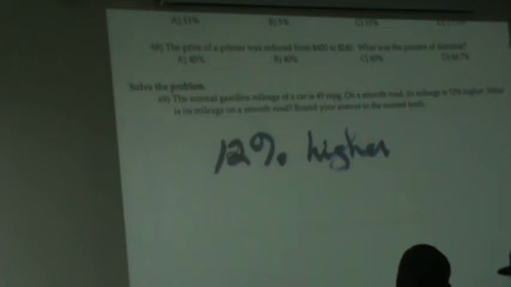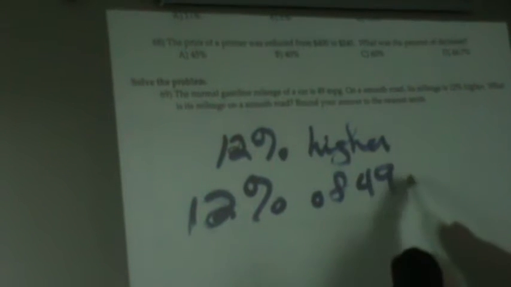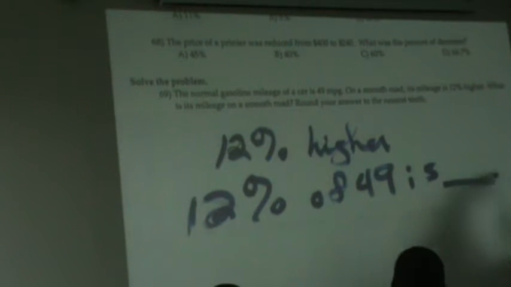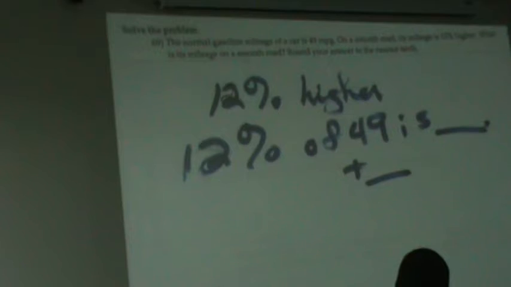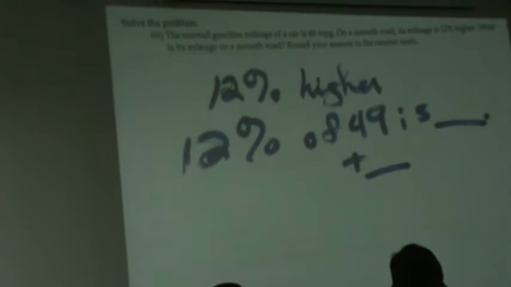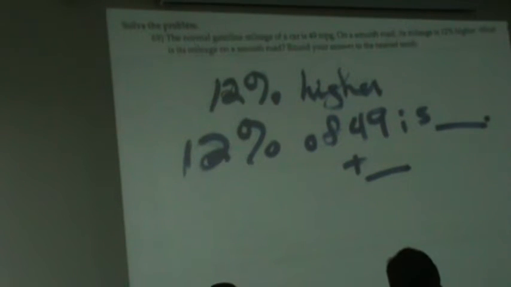Do you want to do it in 2 steps or 1 step? 1 step, okay. Because if you find 12% of 49, you then add that to 49. But doing it in 1 step, you have all of 49 plus 12%.